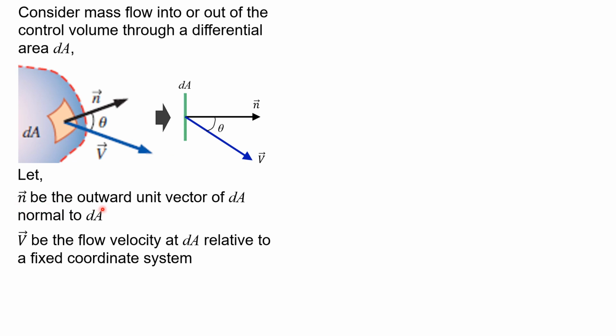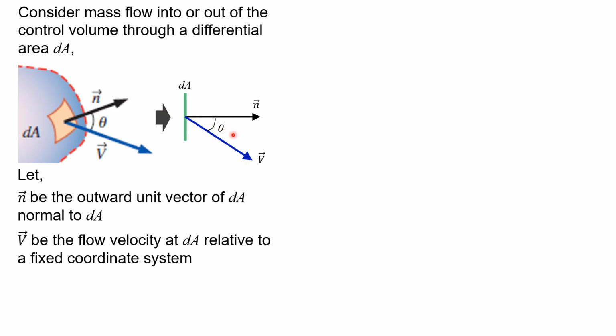n is the outward unit vector of dA, normal to dA. Normal to dA means 90 degrees to dA, and V is the flow velocity relative to a fixed coordinate system.